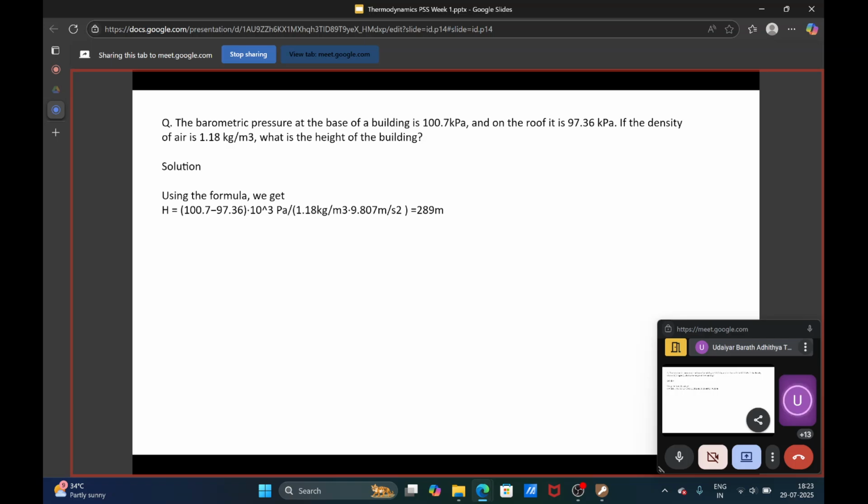So the problem is to find the pressures and the height, in terms of measuring pressure. In any system there are properties which can be measured and which cannot be measured. Pressure and temperature are measurable properties, so you use some kind of measuring tools to measure them.